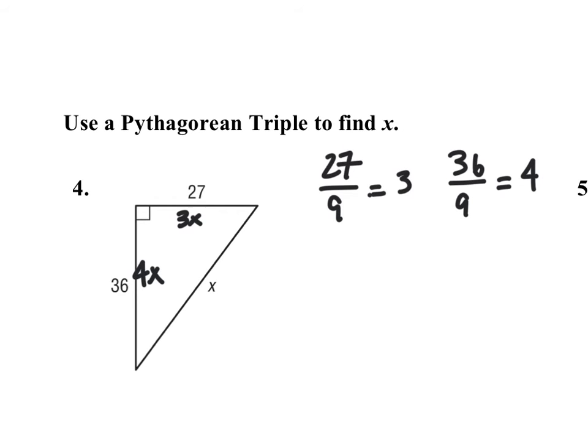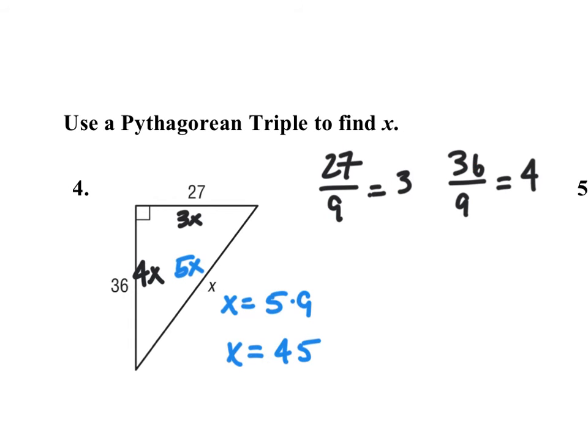Both the 3 and the 4 are being multiplied by a factor of 9. So then this would be a 5 times that number 9. And so x is equal to 5 times 9. So x, that missing side, is going to be 45. And so the idea here is that if I take 27 divided by 9, I'm going to get 3.